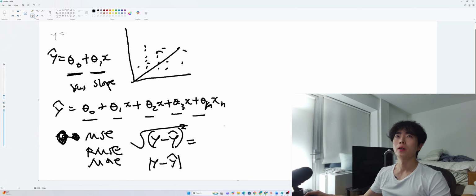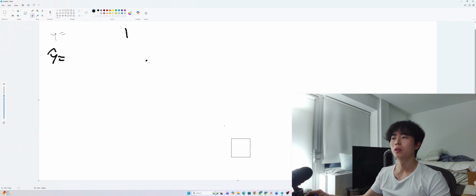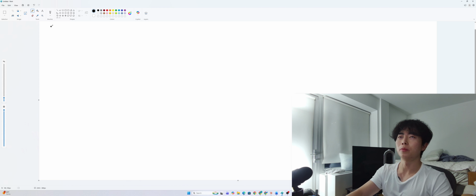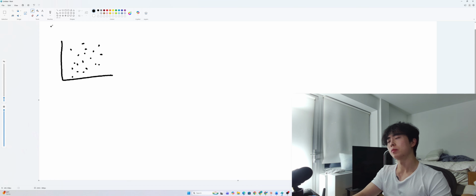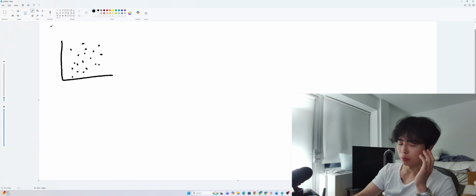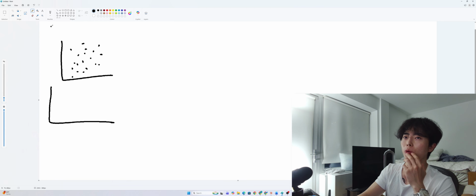Multicollinearity is the problem here for linear regression, because there are a lot of features in the real world that are going to be correlated to each other.